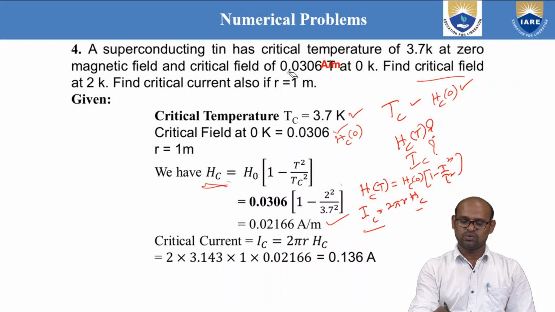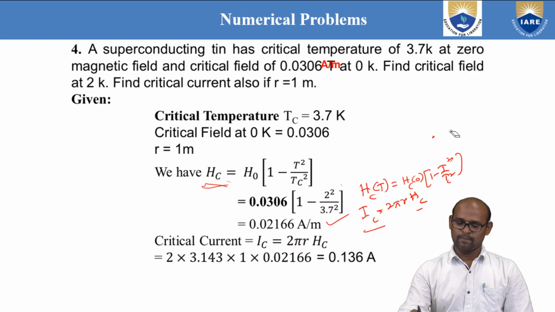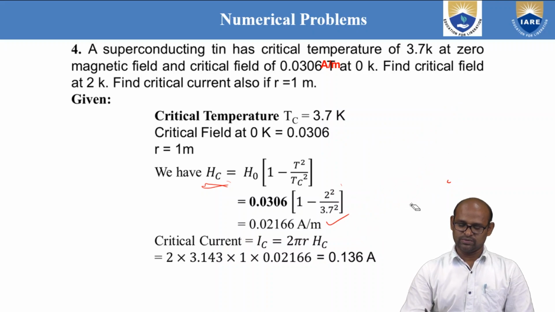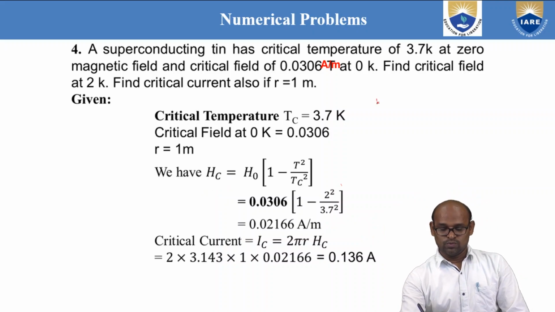For I greater than IC, the material is going to change its superconducting state into a normal state. For H greater than Hc, the material will go into a normal state from superconducting state.